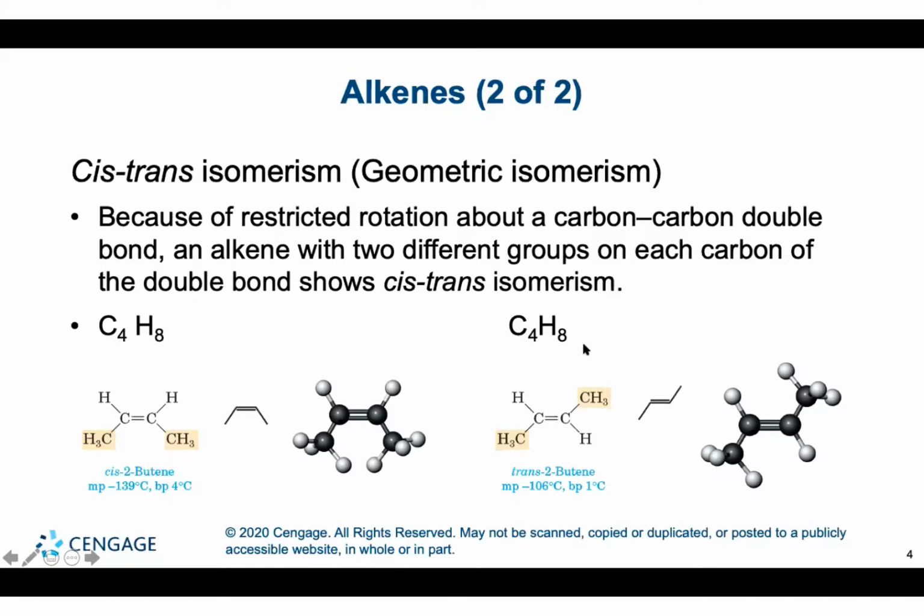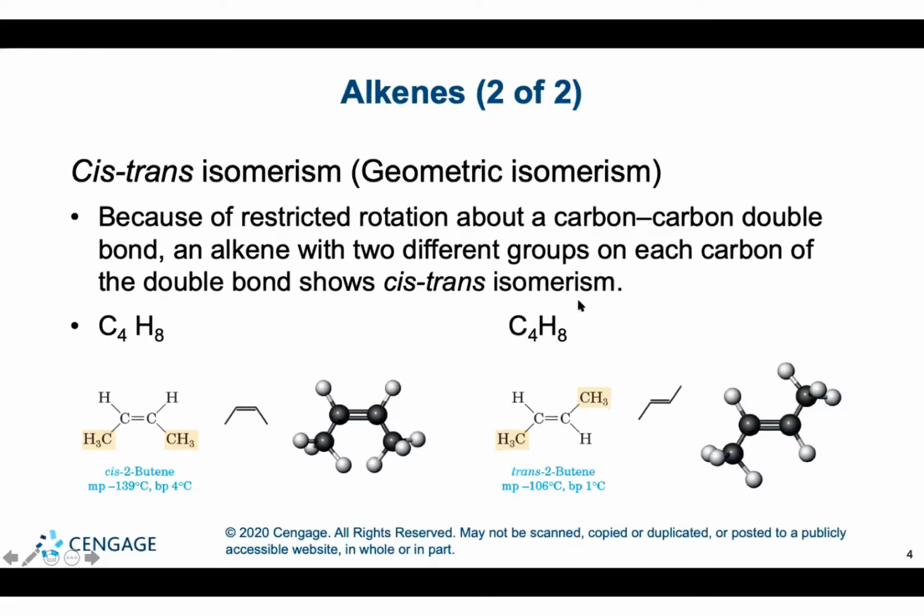But if you pay attention to the other compound here, which is again C4H8, both of them have the same molecular formula, and this one is also an alkene, the same as the one on the left, but the two heavier branches are on opposite sides of the double bond. So this brings us to cis and trans isomerism.